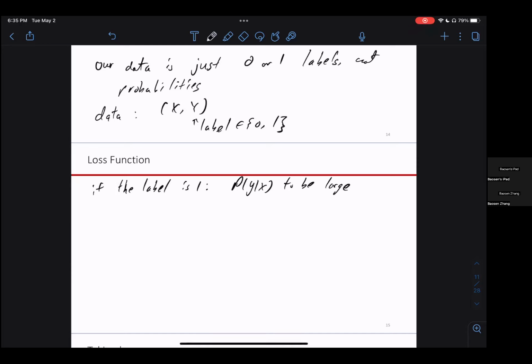You want the probability to be large. If the actual label is 1, you want to be very confident that this is a 1. On the other hand, if the label is 0, you want p of y given x to be small.